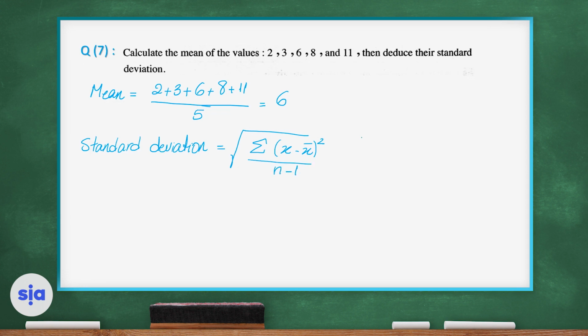So what we're going to do now is we're going to get every number, we make it minus the mean, and we're going to square the result.